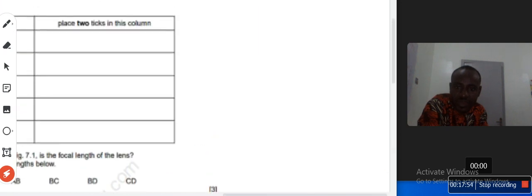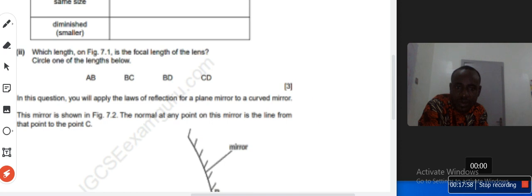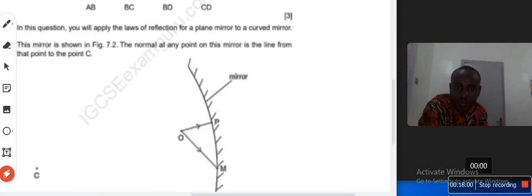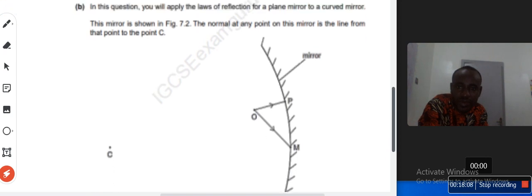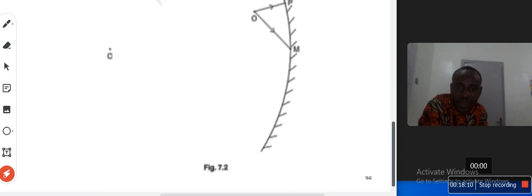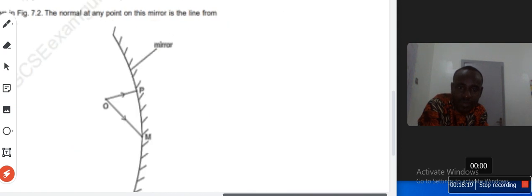So we have this question about a mirror. In this question, you will apply the laws of reflection for a plane mirror. Now, this is the plane mirror, but this mirror is curved, so it might be slightly different. Let me see, the question is on the other page.